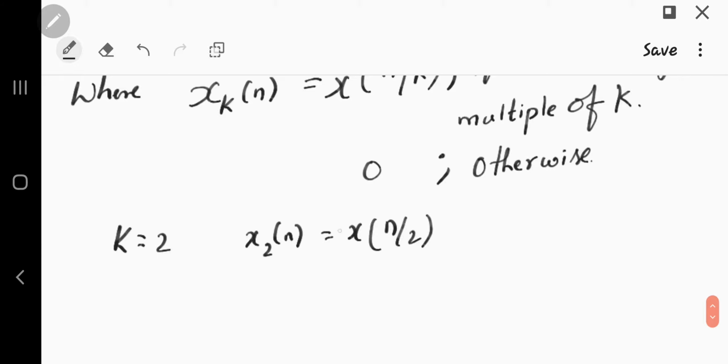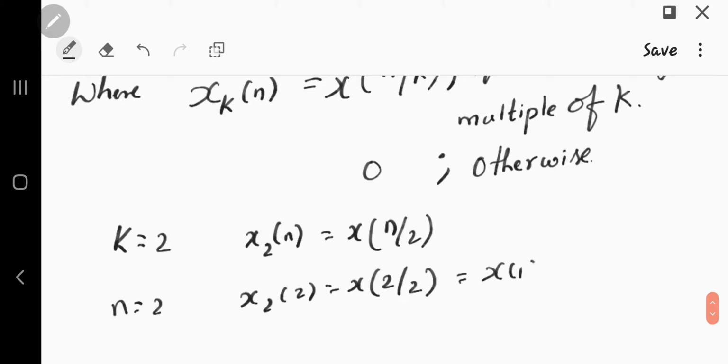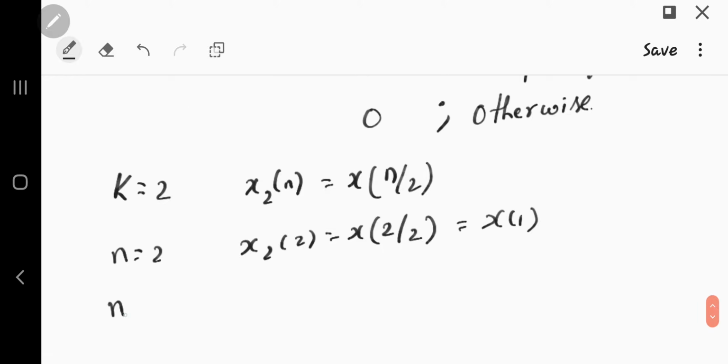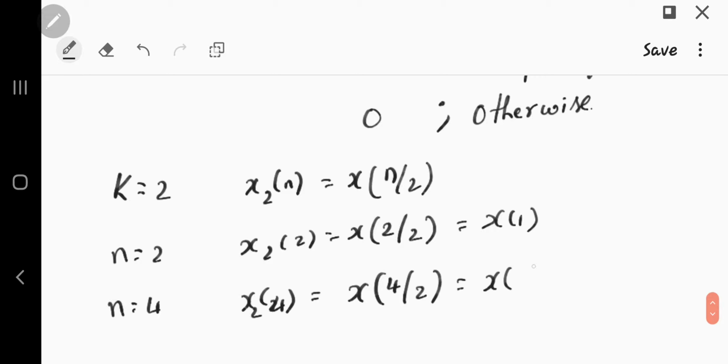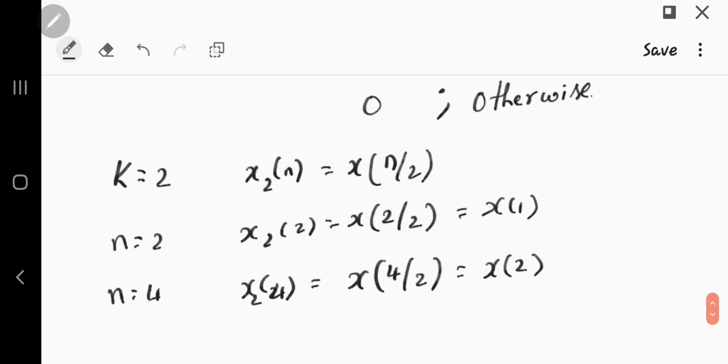Now if n is a multiple of k, so if I take n is equal to 2, I'll get x_2 of 2 as x of 2 by 2, so that will give you x of 1. And if I take n is equal to 4, then you will get x_2 of 4 is equal to x of 4 by 2, that is x of 2, and this will go on.